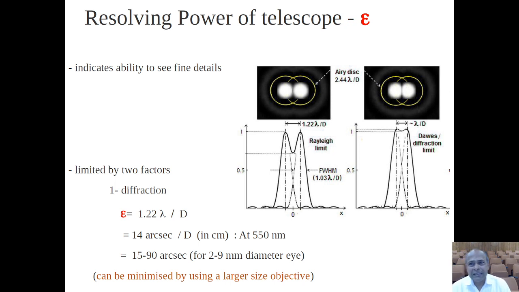Again, this diffraction limit in case of our eye is 15 to 90 arc second. This can be minimized by using a larger size objective. As we discussed in the previous slides, the purpose of a telescope is collecting more light. In addition to collecting more light, we also increase the resolving power of the telescope by increasing this diameter.